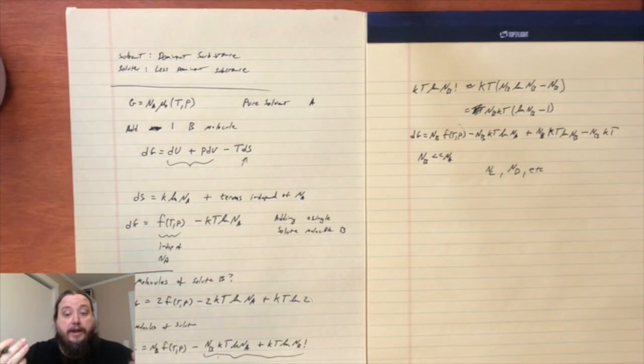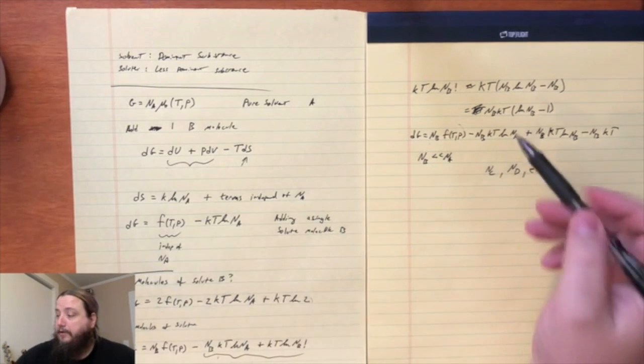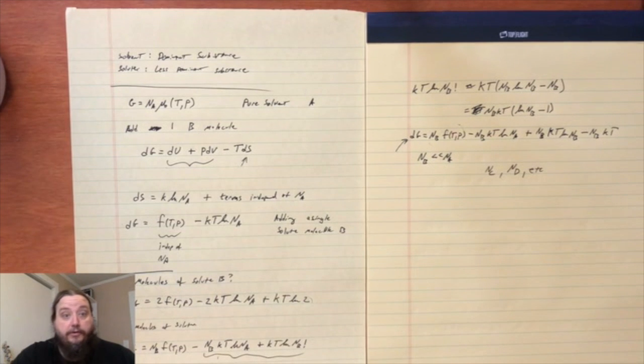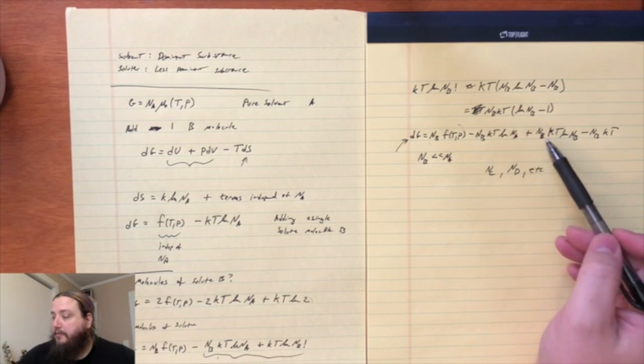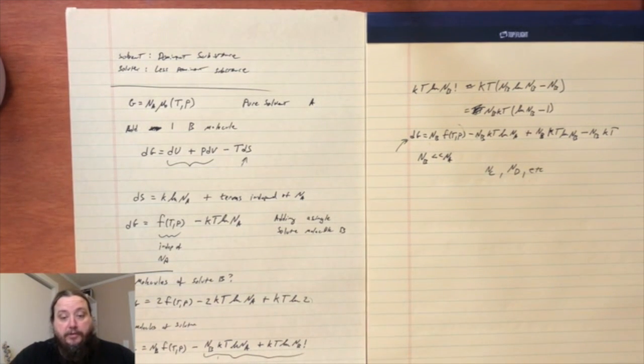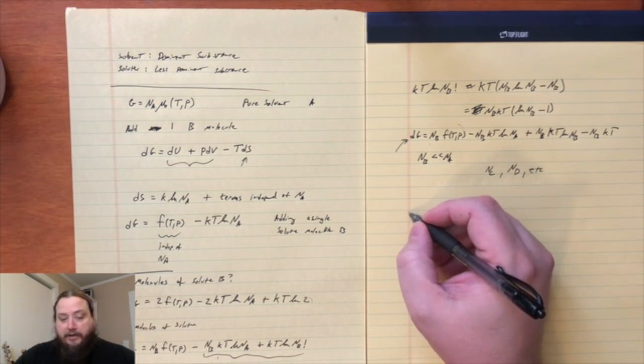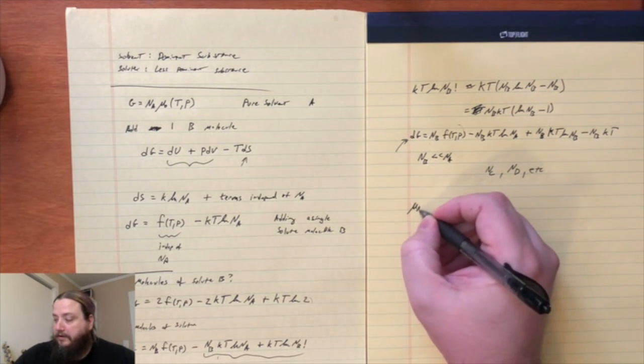Okay, so now that we have calculated how the Gibbs free energy of our mixture, of our solution, will change with the addition of some number NB of solute molecules, to calculate the chemical potential of the A and B substances, we just apply our definition here of chemical potential, or one of them.